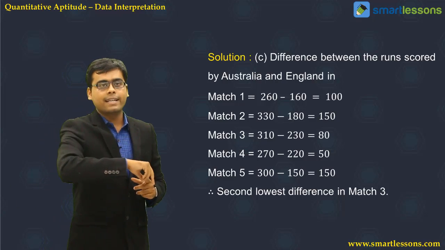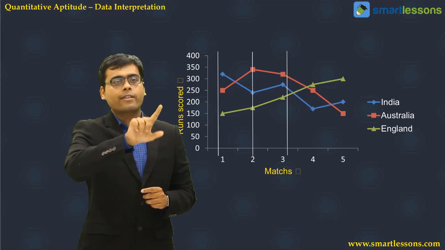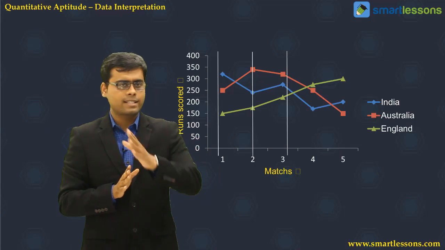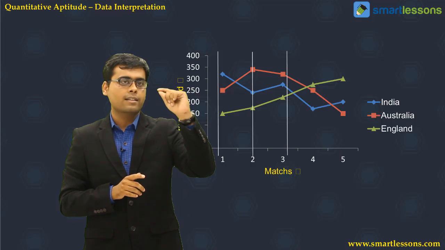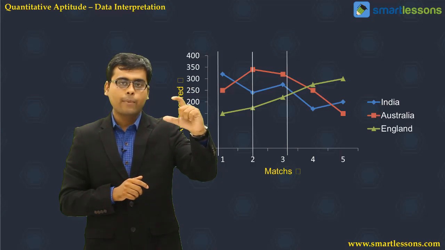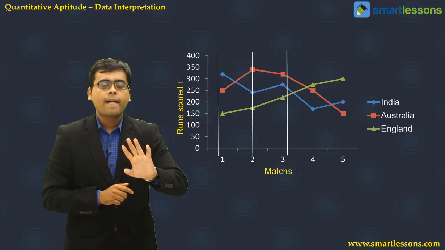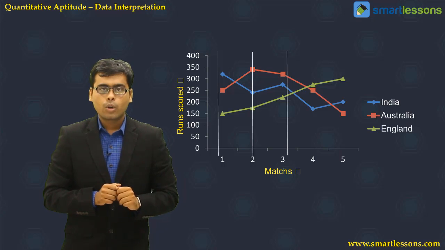As you can see, for the blue mark and the red mark, there is a gap between them for a particular match. Let's say for match 2, there is a gap between the red colored mark and the blue colored mark. That gap will represent the difference in runs between Team India and Team Australia in match 2.